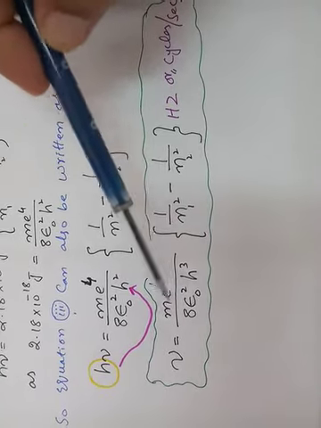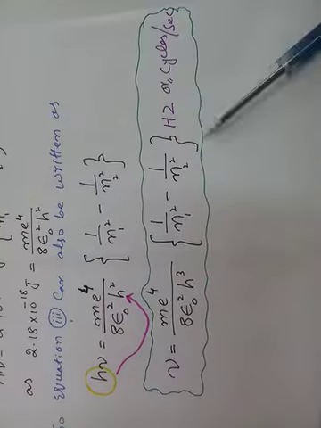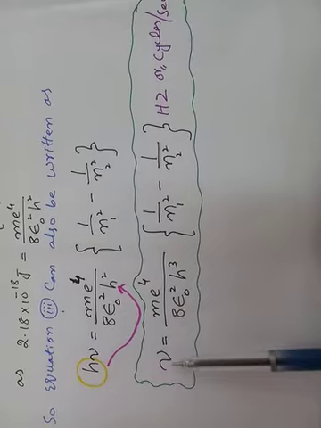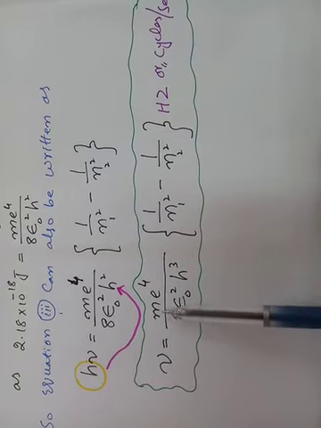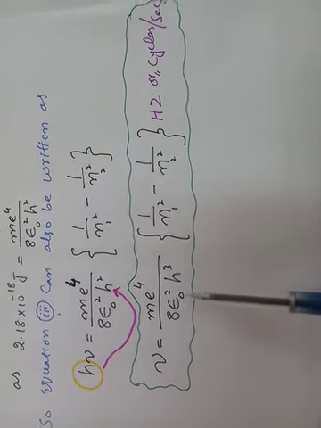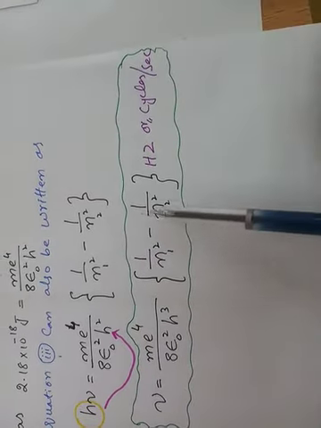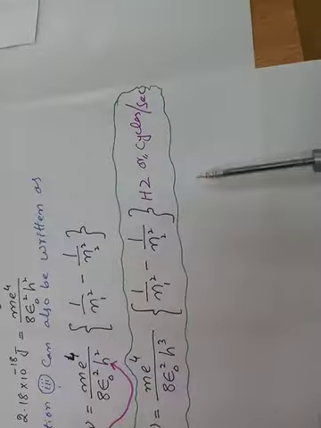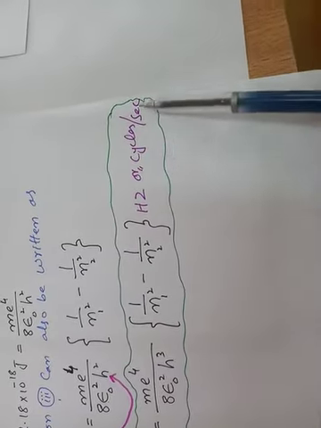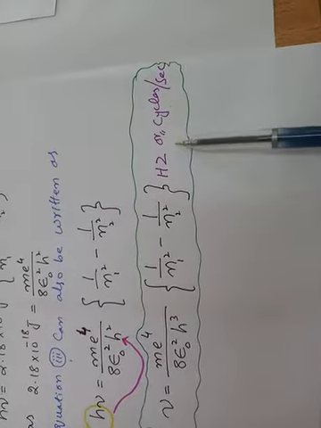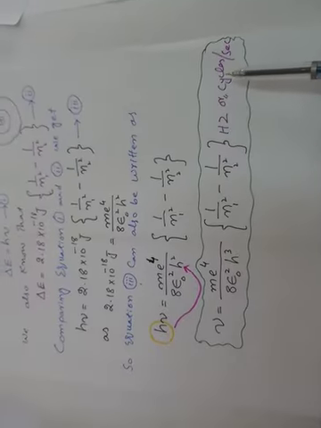So now the equation for the frequency of the emitted light becomes nu is equal to me^4 over 8 epsilon naught square h cube into 1 by n1 square minus 1 by n2 square, in hertz or cycles per second, which is the unit for the frequency of the emitted light.